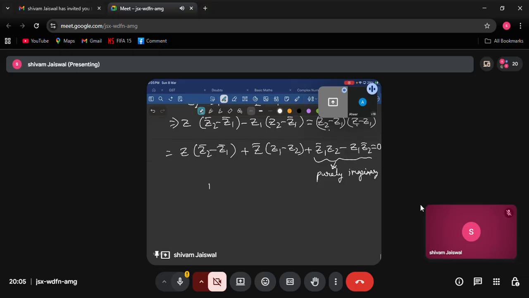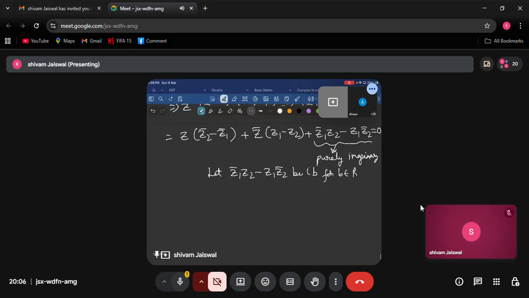Okay, so let z1 bar z2 minus z1 z2 bar be iota b, some imaginary number, for some b belonging to real numbers. Okay, so what are we getting? This implies z into (z2 bar - z1 bar) plus z bar into (z1 - z2) plus iota b is equal to 0.